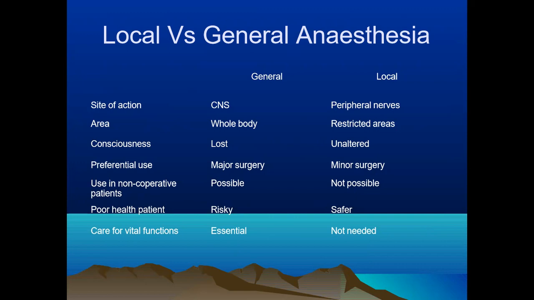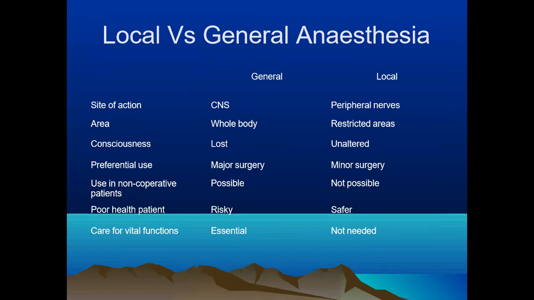The patient is conscious on local anesthesia, but consciousness is lost in general anesthesia. In terms of preferential use, general anesthesia is commonly used in major surgeries, whereas local anesthesia is used in minor surgeries.